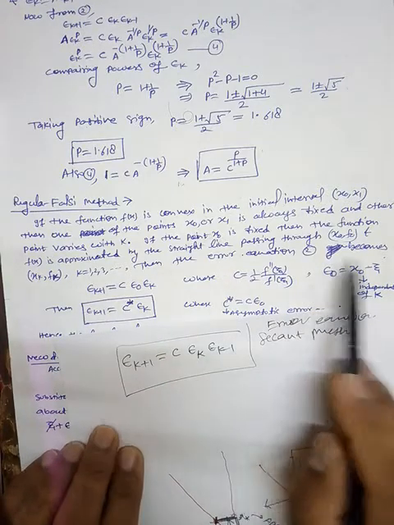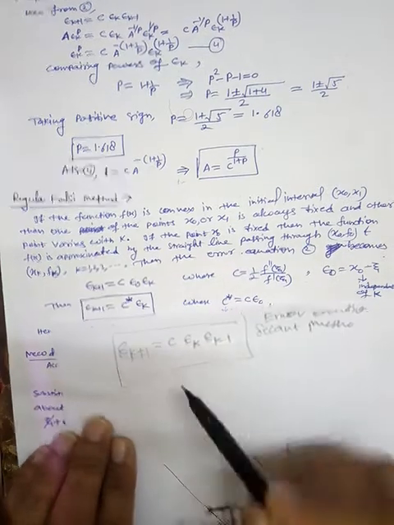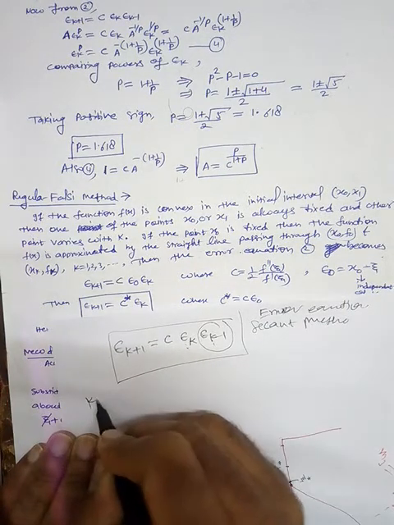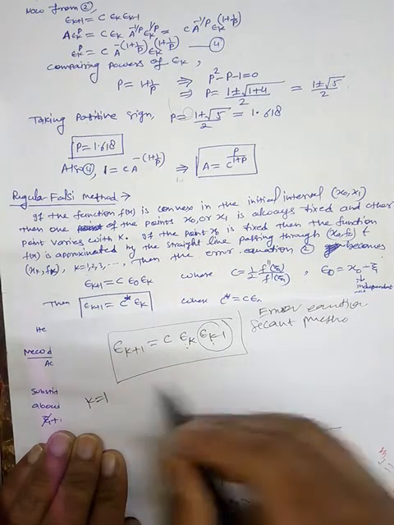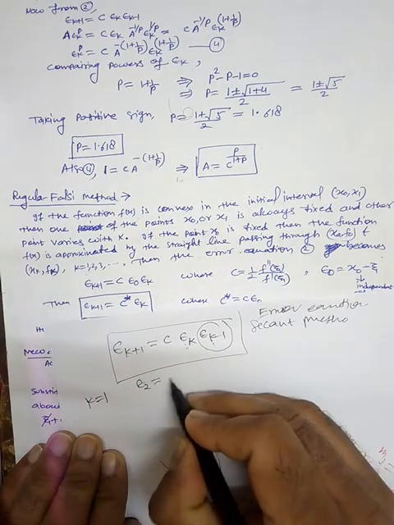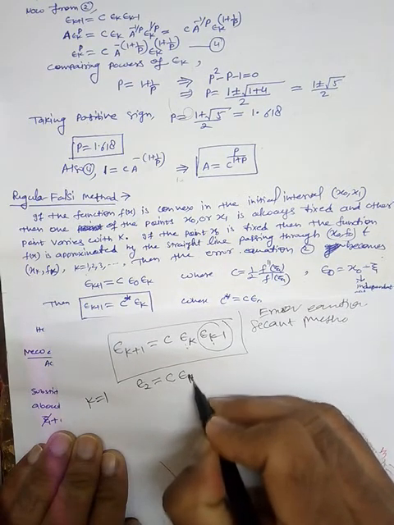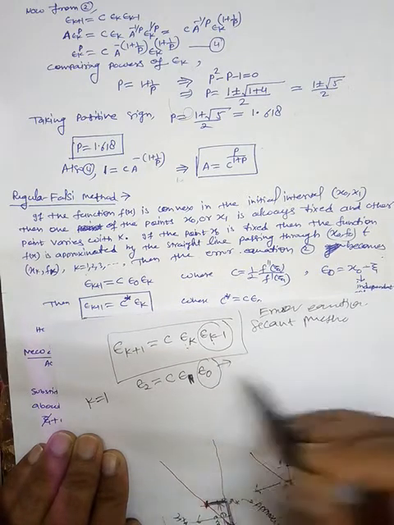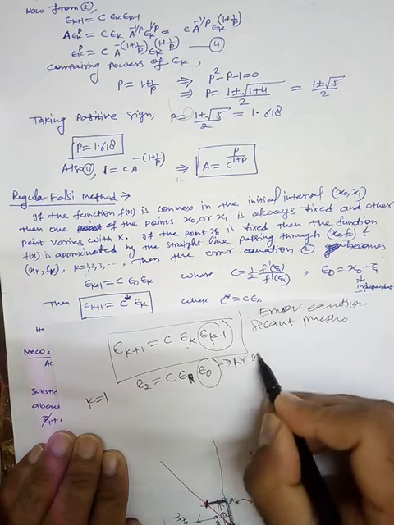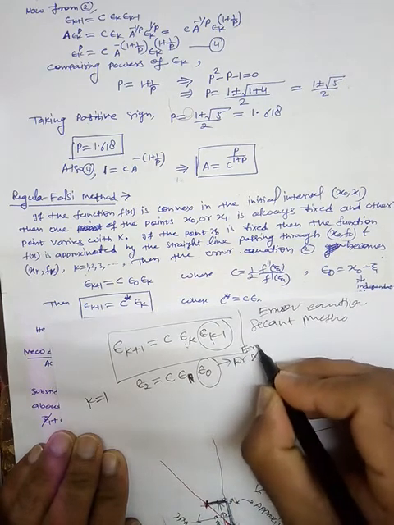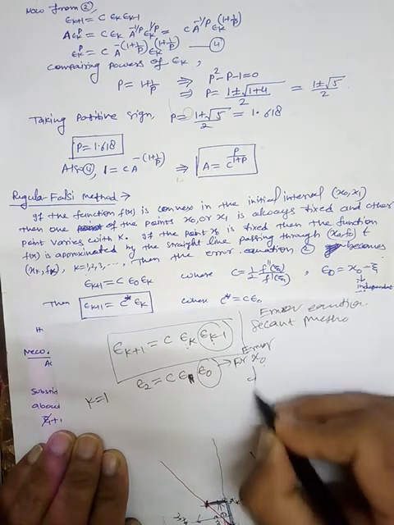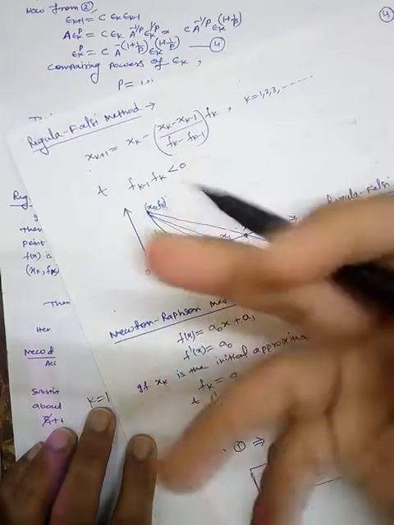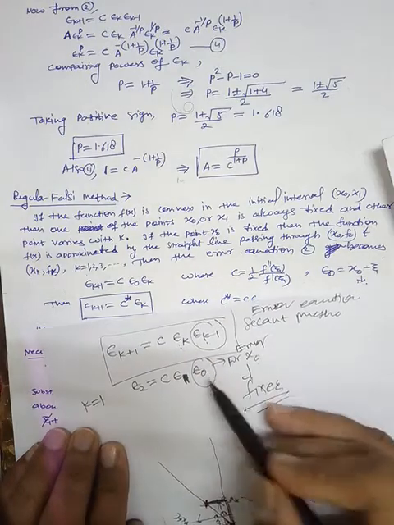Then error equation 2 becomes this. Why? Because you will see that out of these two, when you put k equal to 1 here, you get epsilon 2 is C epsilon 1 and epsilon naught. Since one point is fixed, this is the error for x0, and this is fixed because the point is fixed, so the error remains constant.